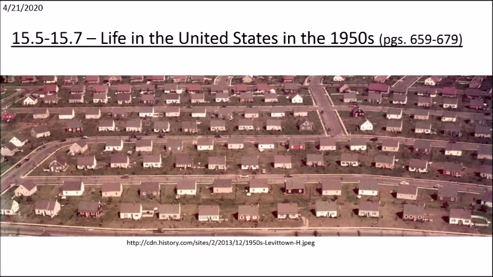So it created this demand for a housing industry. The problem was a lot of people couldn't afford to buy these big, expensive, custom-made houses. So there was this one guy, William Levitt, who ran a company, Levitt & Sons, and he had an idea to buy up large lots of land and then subdivide it down into roughly a quarter acre each of property, which really isn't that big.